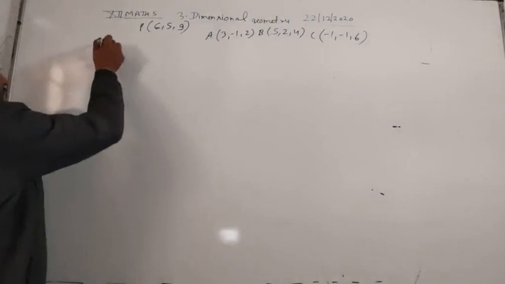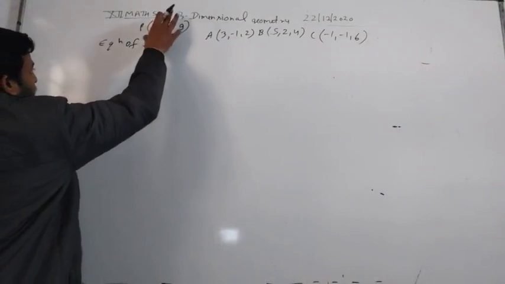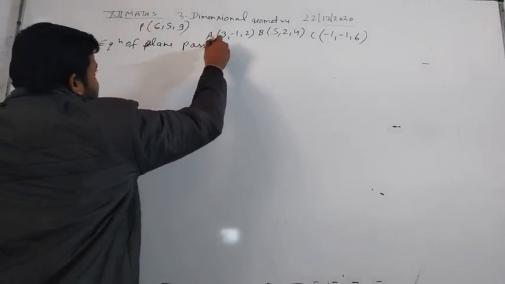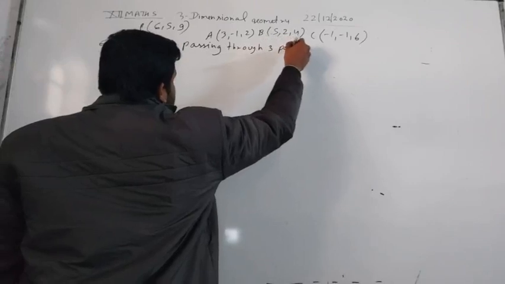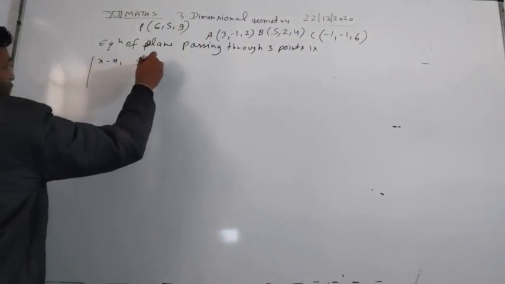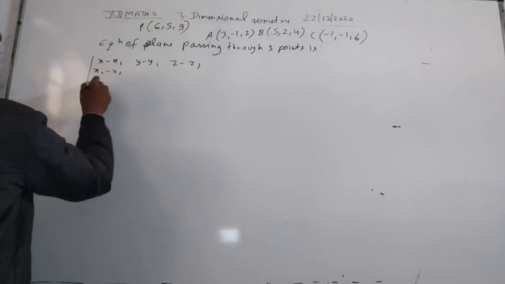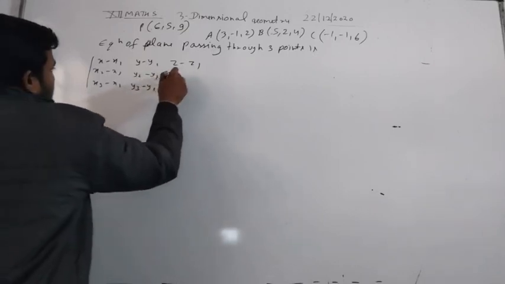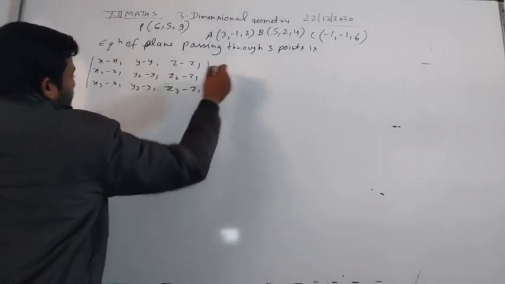The equation of a plane passing through 3 points is the determinant x minus x1, y minus y1, z minus z1; x2 minus x1, y2 minus y1, z2 minus z1; x3 minus x1, y3 minus y1, z3 minus z1, equal to 0.